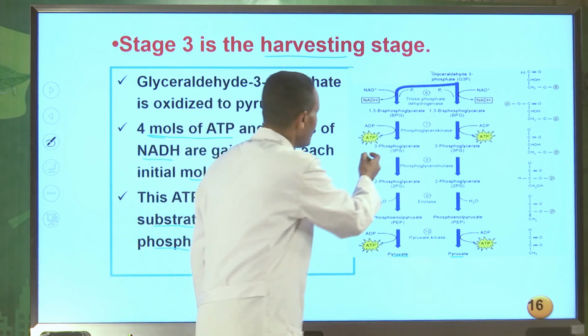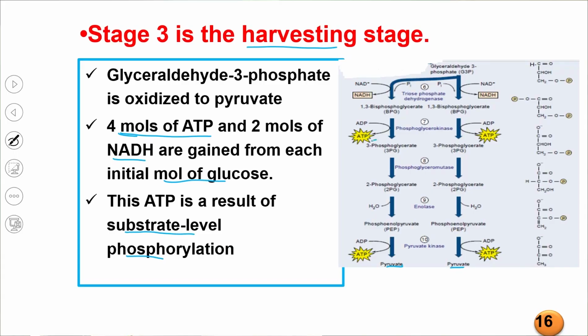At this step, 1 molecule of ATP is gained, and again at this step another ATP is gained, and totally 4 molecules of ATP are gained in the third stage of glycolysis. That is why it is called the harvesting stage.